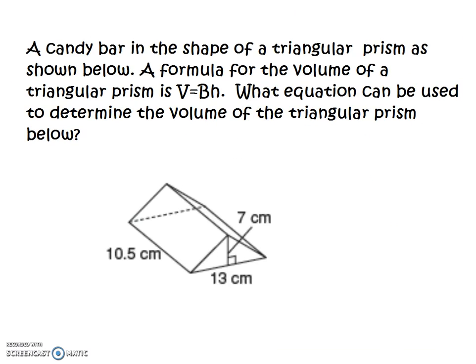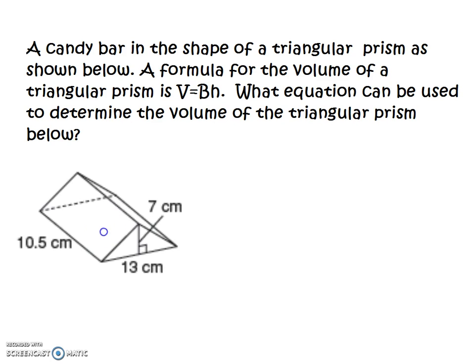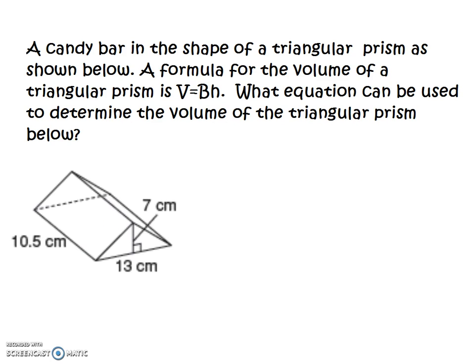Okay, number 3. A candy bar is in the shape of a triangular prism as shown below. A formula for the volume of a triangular prism is volume equals base times height. What equation can be used to determine the volume of a triangular prism? All right, so if we set this up in our T-chart, the base is a triangle, 1/2 times base times height.